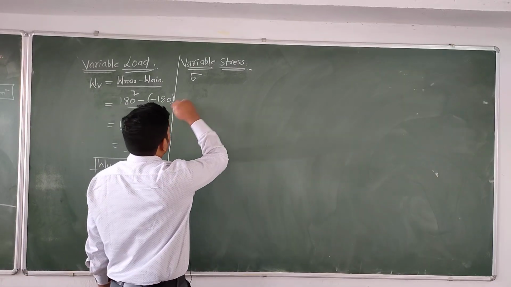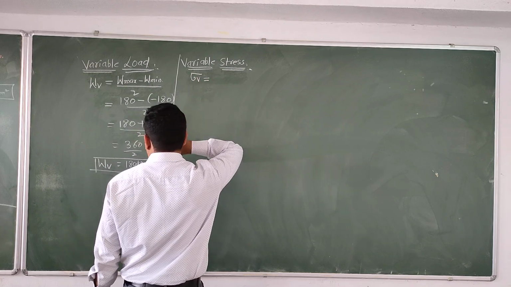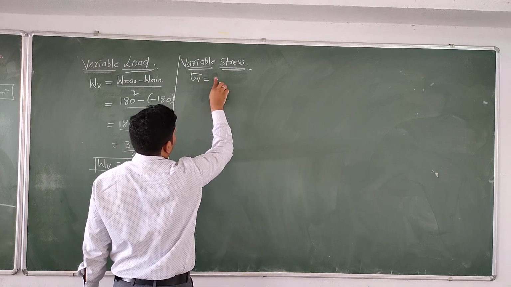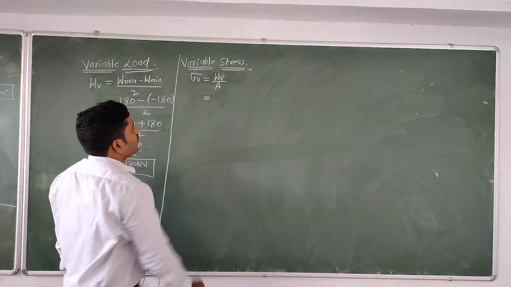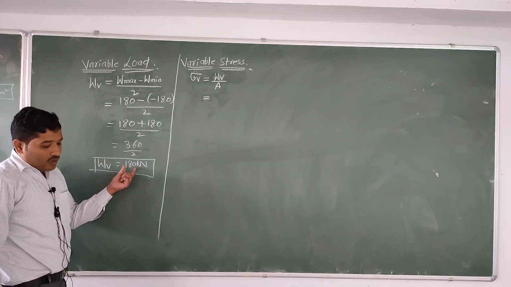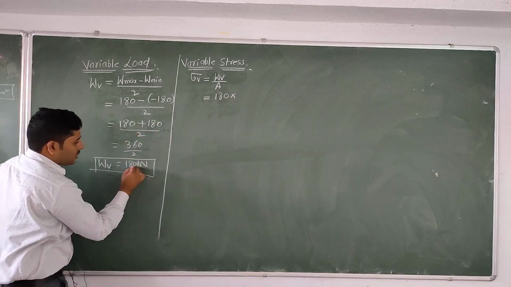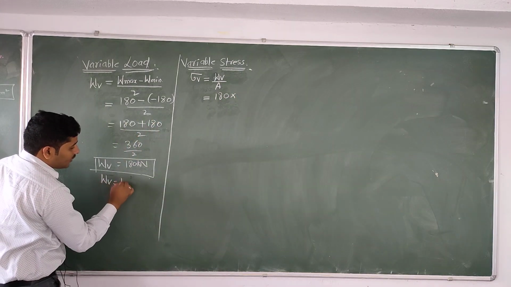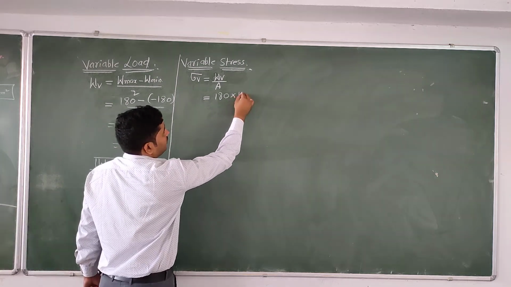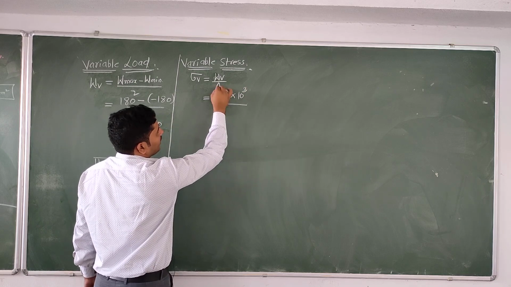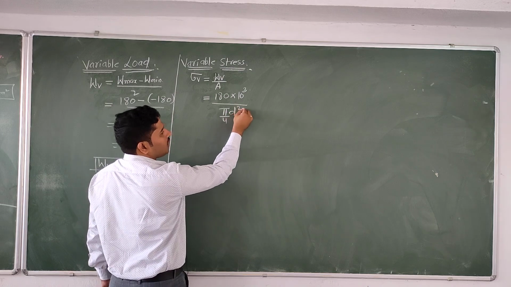Then variable stress, the sigma V, is nothing but equal to WV by area. Is it right? So WV, how much is given here? 180. Kilo means here we can represent 180 into 10 power of 3 Newton by area. What is the formula? Pi by 4 into d square.